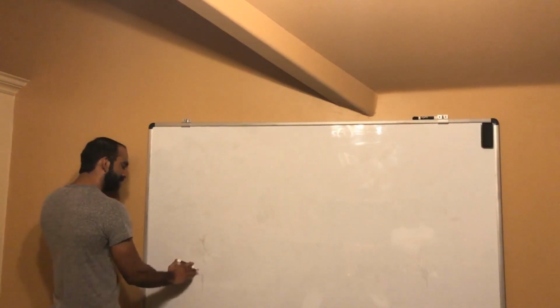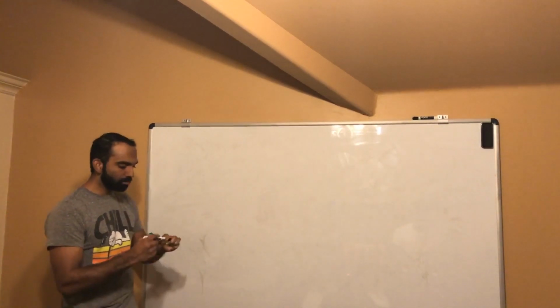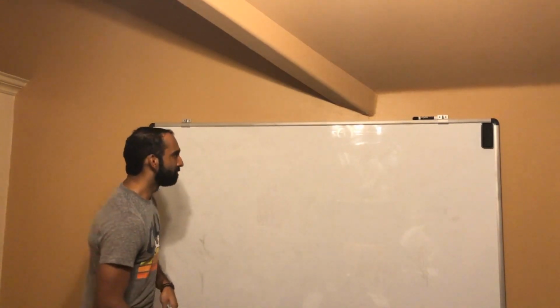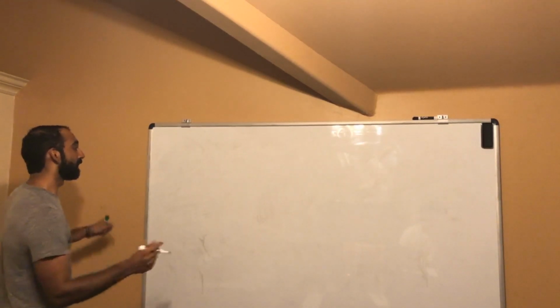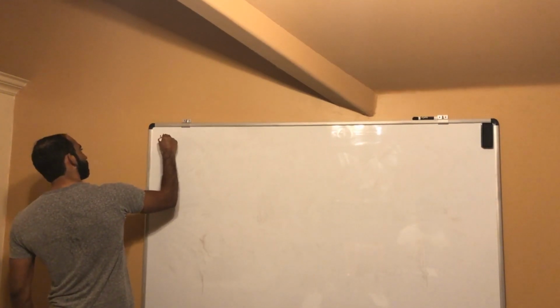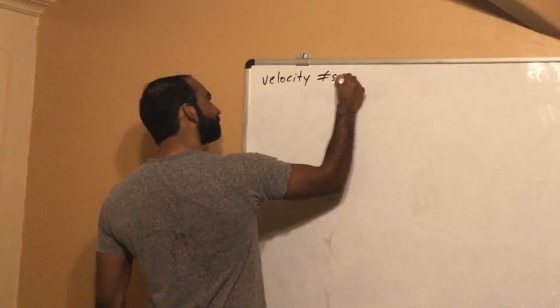Alright, y'all, so let's talk more about the relationship between velocity and speed. Now, colloquially, we talk about these things as if they're the same, right? But in physics and calculus, in science, they're not quite the same thing. So velocity doesn't equal speed.